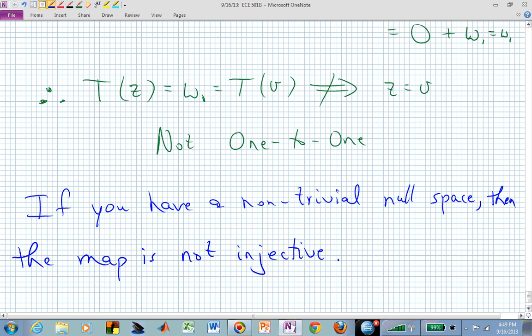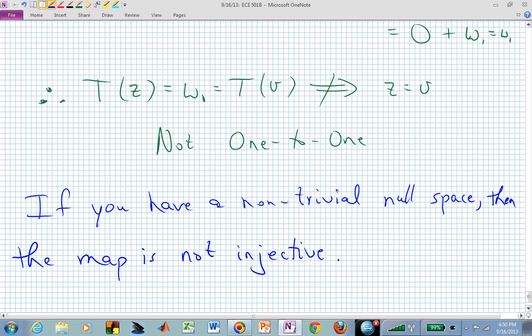And that's this connection then between an injective map and the null space. If you have an injective map, then you have a trivial null space associated with that linear map T. And that's what you can start thinking about in terms of this connection.